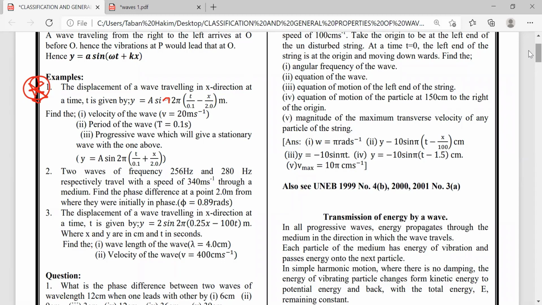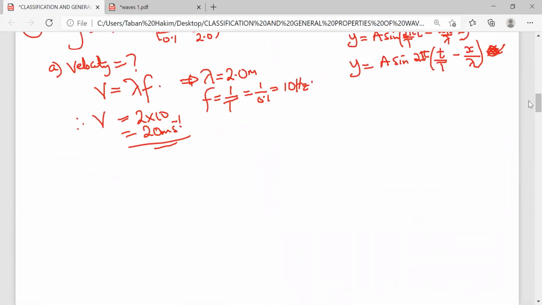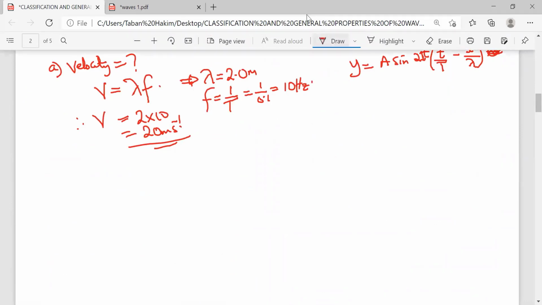Then Roman 2: the progressive wave, which will give a stationary wave with the one above. Part B here was saying that the period, when we compare the two, we shall end up with 0.1.